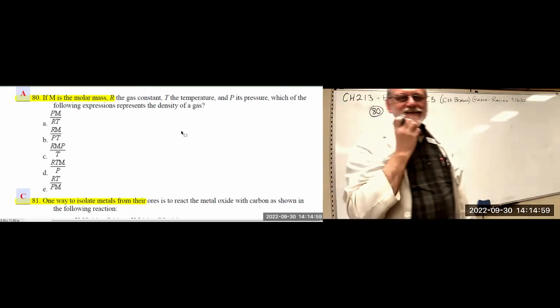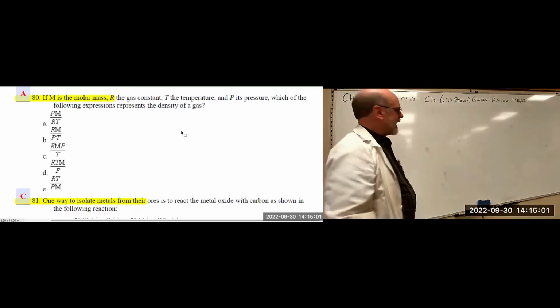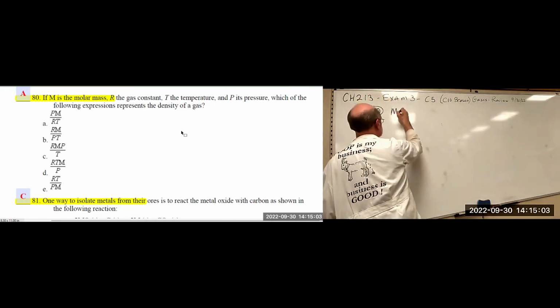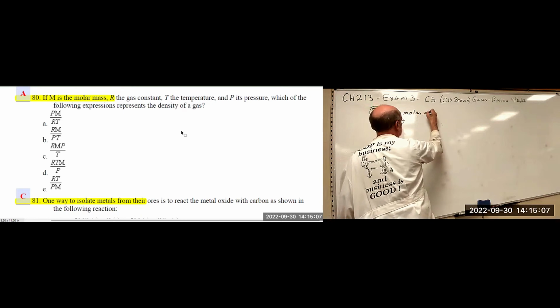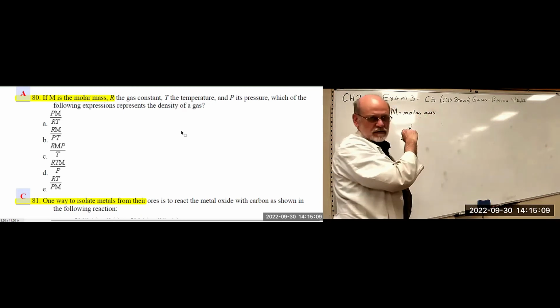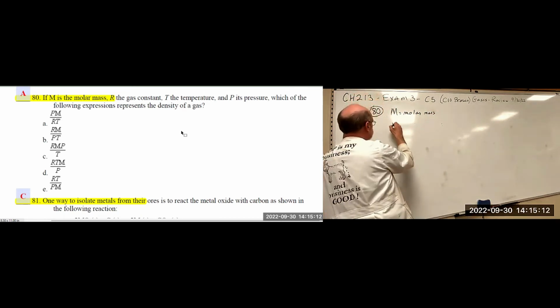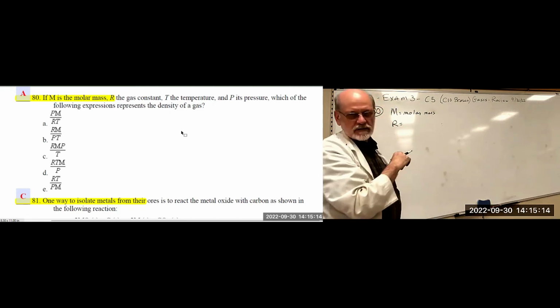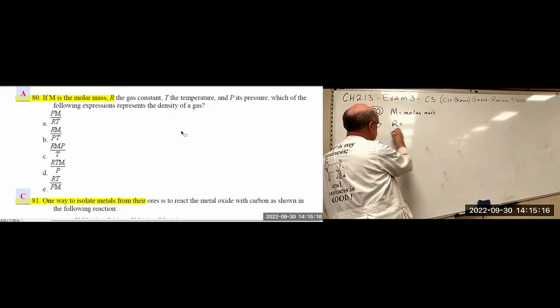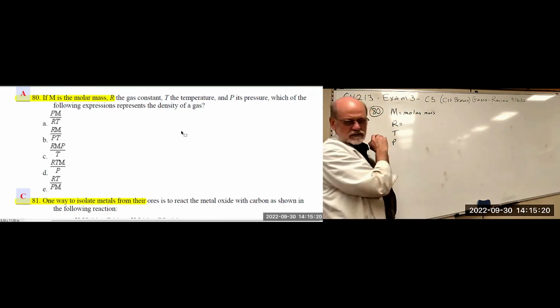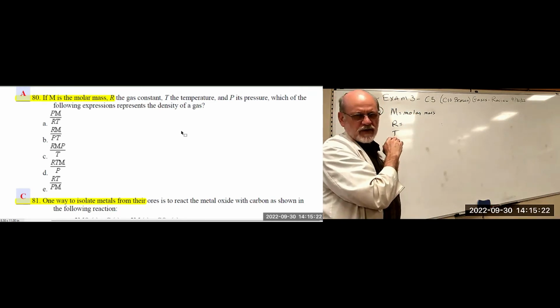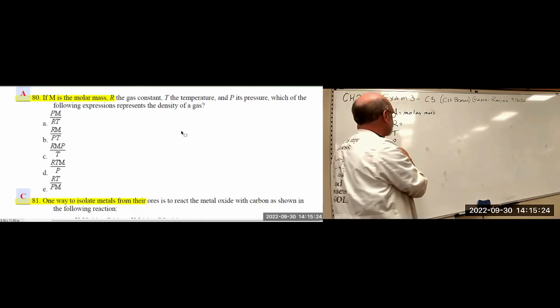Okay. If M is the molar mass, R is the gas constant, T is the temperature, and P is the pressure, which of the following expressions represents the density of the gas?